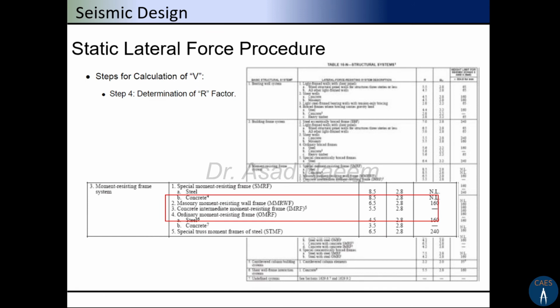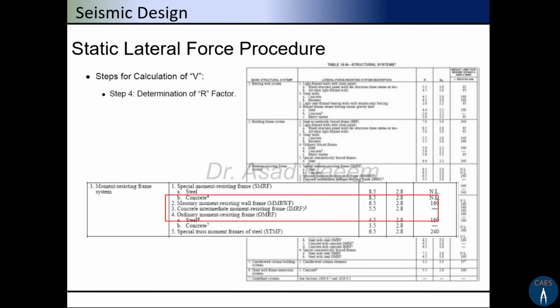The R factor should be selected very carefully, because for the special moment resisting frame, the detailing requirement for the seismic design is very important and very difficult. So we need to provide proper detailing if we want to qualify our structure as a special moment resisting frame.